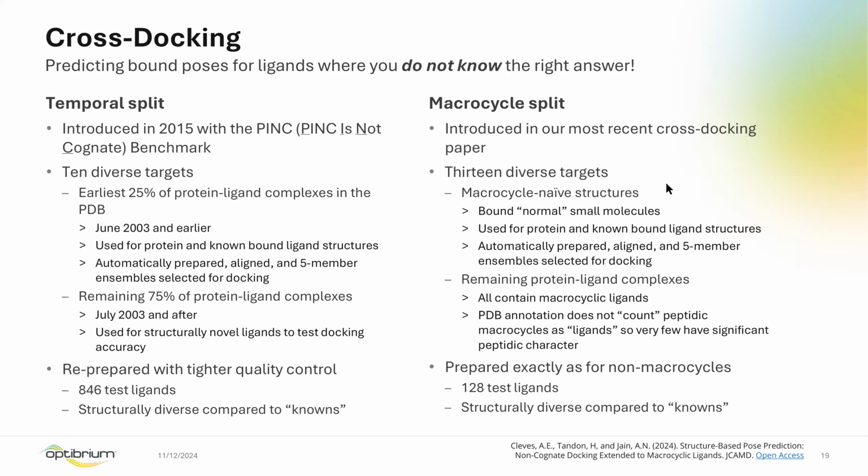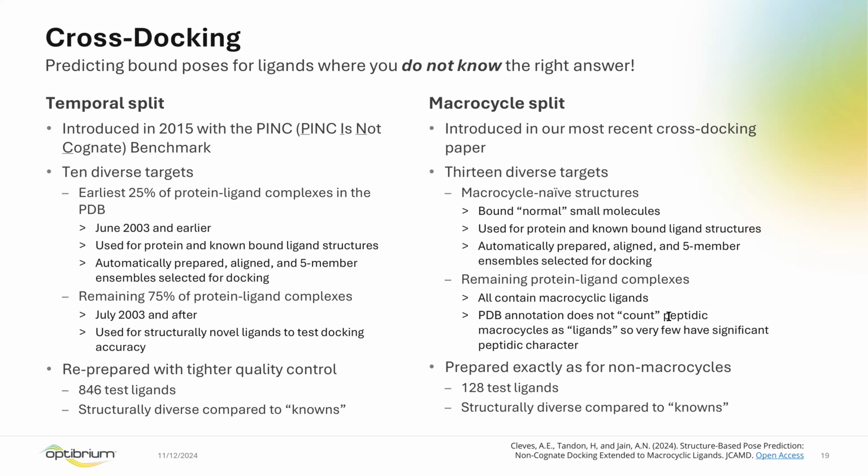And we constructed a data set where we're going to use the non-macrocyclic ligands over here, macrocycle naive structures, binding to normal small molecules, and try to then generate ensembles, which we did again automatically, just the same as before. So now into these macrocycle naive structures, we want to take all of the macrocycles that were in many cases actually designed to specifically try to engineer more potent, more selective molecules.